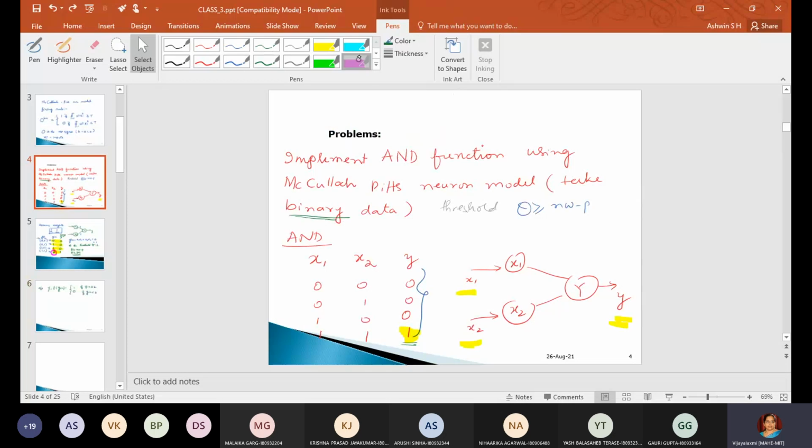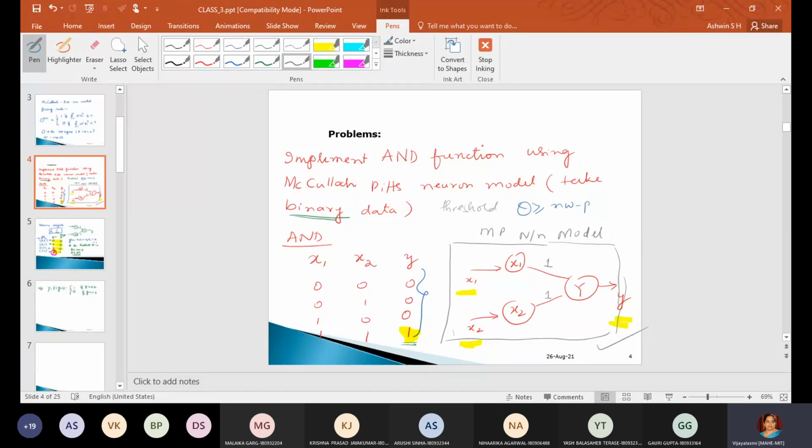So the weight w1 is 1, this is 1, and this is x1, this is x2, and this is y. So this is the McCullough-Pitts neuron model for the AND gate. This is the final model. This is the final McCullough-Pitts neural network model. So this is one example.